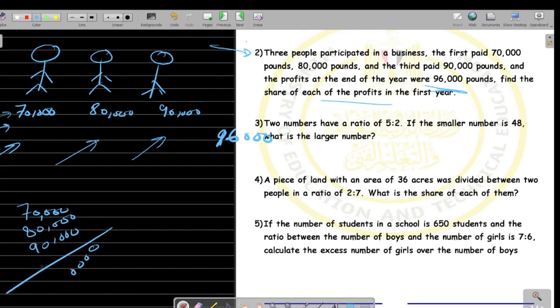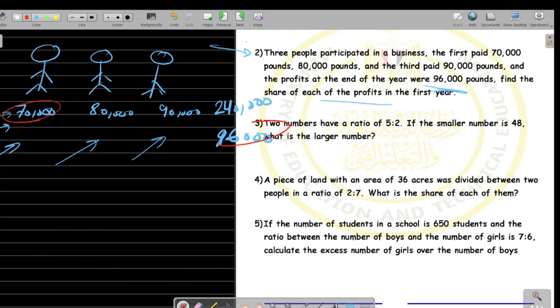7 and 8, 15. 15 and 9 is 24. So they paid 240,000. Okay. To know the share of the first one, he paid 70,000, times this number and divided by this number.